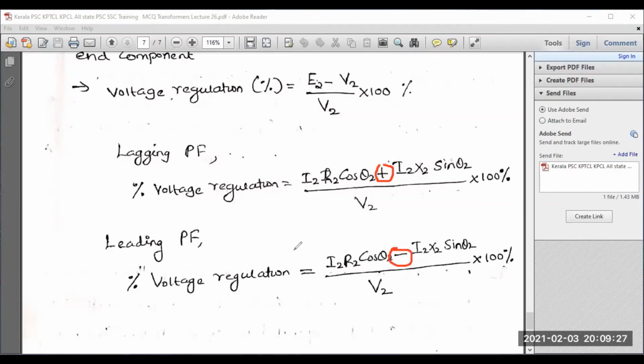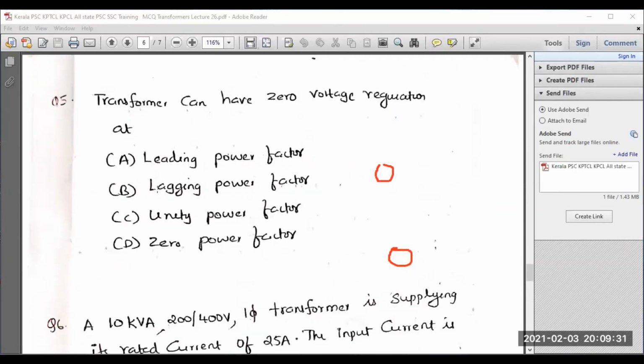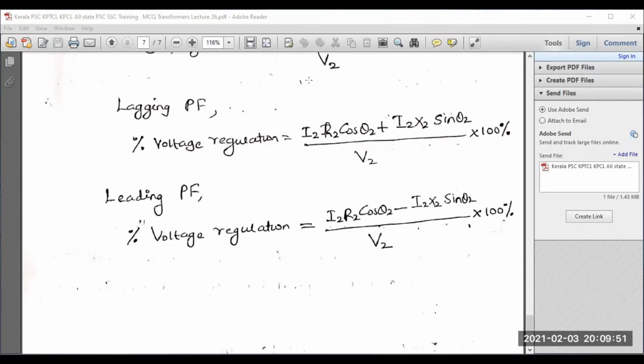So let us go back to the question. Our question is, a transformer can have 0 voltage regulation at leading, lagging, unity power factor and 0 power factor. So here I can say that a transformer can have 0 voltage regulation at leading power factor. Why should I choose this answer? Because look at the equation of voltage regulation. There is a feasibility of leading power factor.